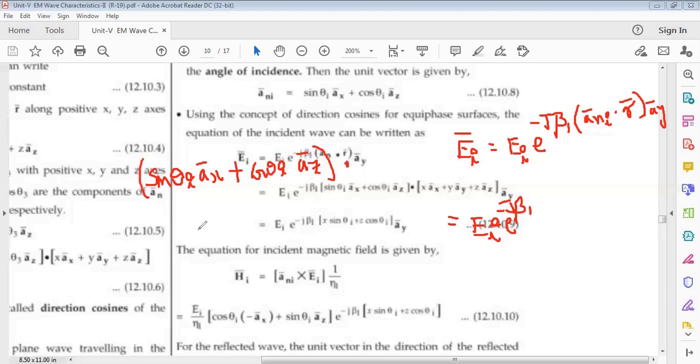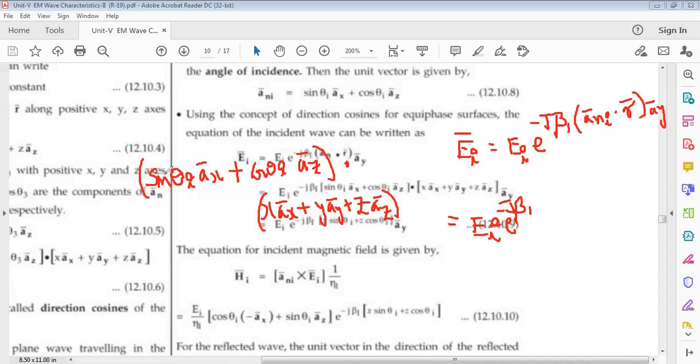R bar means in the Cartesian coordinate system, X into AX bar plus Y into AY bar plus Z into AZ bar.